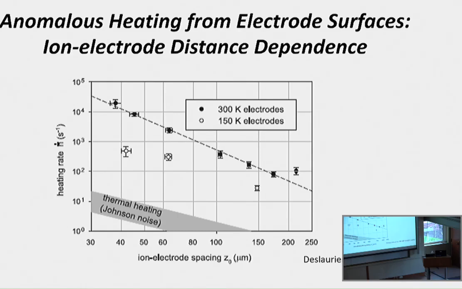I think there were mechanisms on both sides. And they also reduced the heating rate by going to 150 Kelvin. But they got a 1 over d to the 4th roughly scaling. I think it's 1 over d to the 3.8 or something like that. But it's close enough.